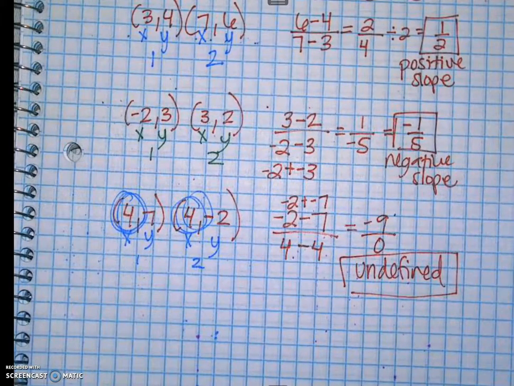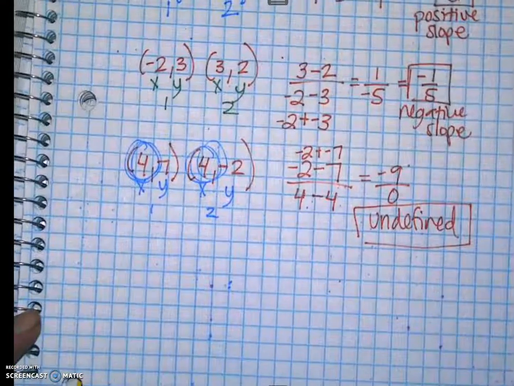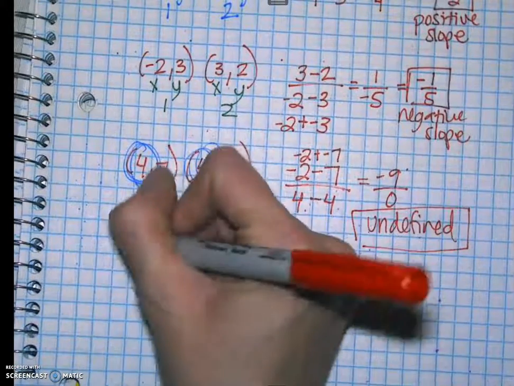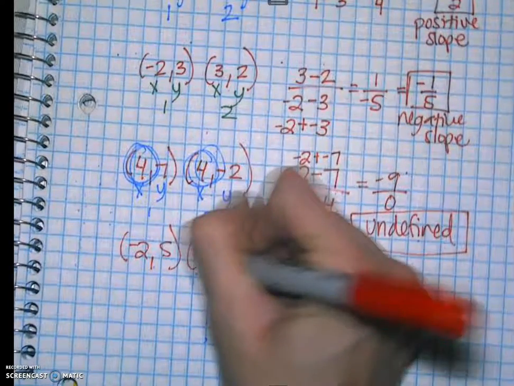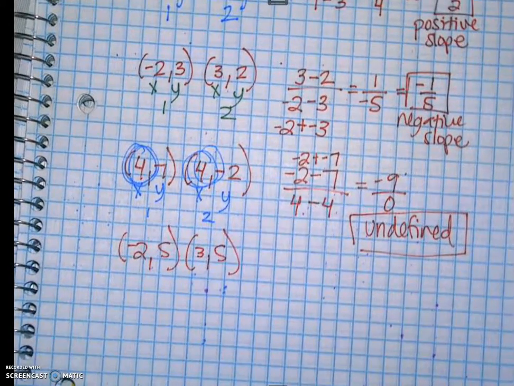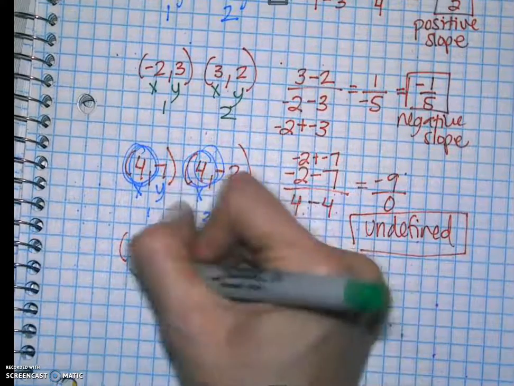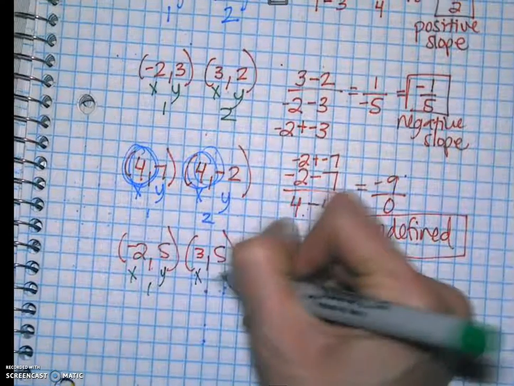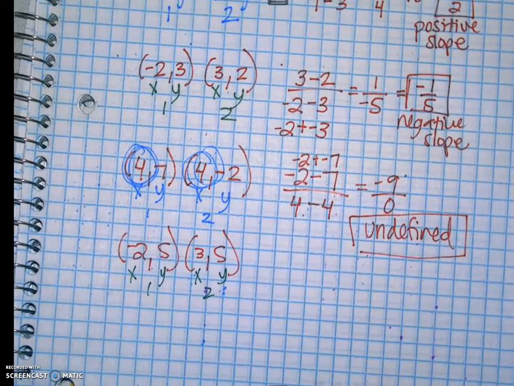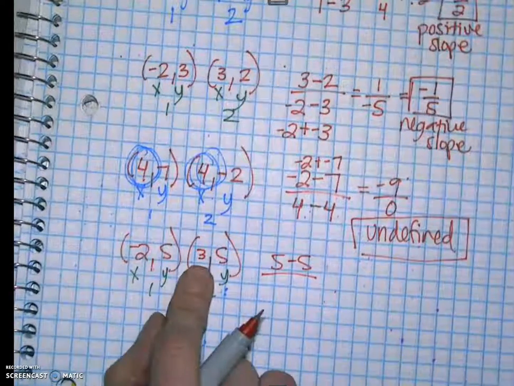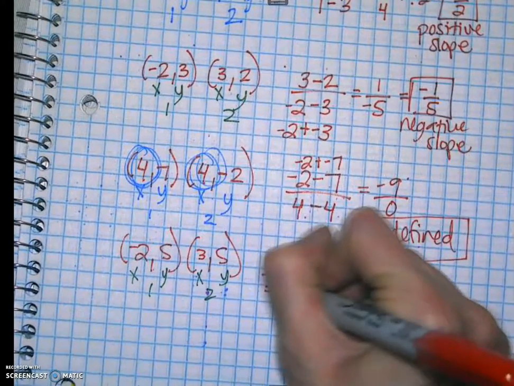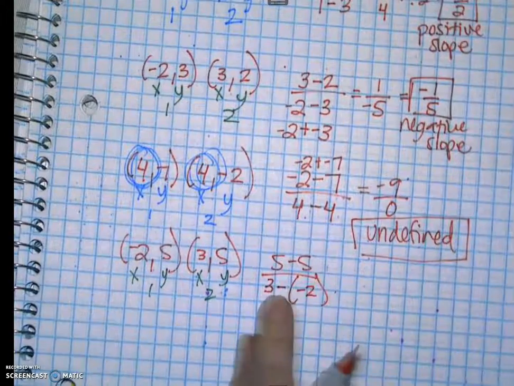Okay? All right, and then the last one. The last one, we're going to do negative 2, 5, and 3, 5. And again, you should already know what kind of slope I'm giving you. Hopefully you guys have figured that out by now, like that hint I just showed you on the last one. But if not, I'll go over it with you. So y minus y, 5 minus 5. I'm starting with this one. So then I'm going to do 3 minus negative 2. This is a huge mistake right here.